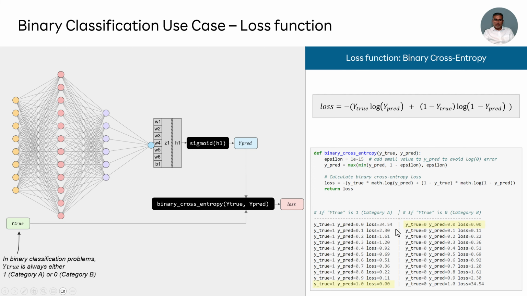If the ground truth value were 0, the exact opposite would happen. You predict 0, the loss is 0, it's all correct. If the ground truth value is 0 and you predict 1, your loss is 34.54. That is what a binary cross entropy function does. So what we have established is that for a binary classification use case, we use the sigmoid output function and binary cross entropy as our loss function.